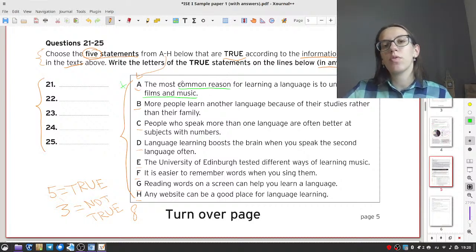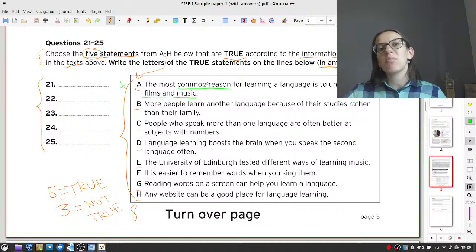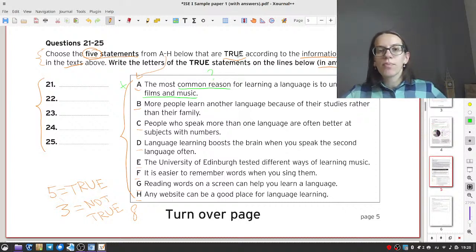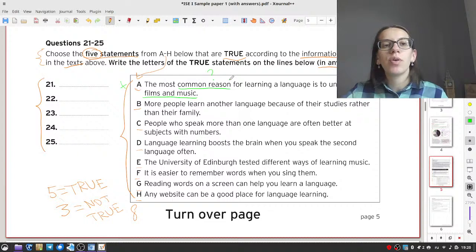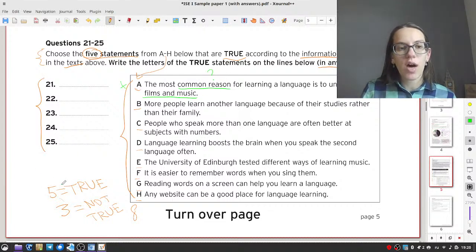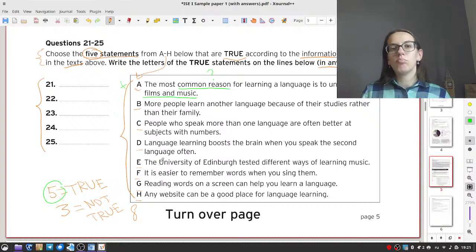Maybe say you're thinking films and music is a type of enjoyment. Maybe you're not sure. You can put a question mark here if you're not sure, if you think it may be true. And you can always check later, because you need 5 true statements. So if you get 4, it means that A is true.